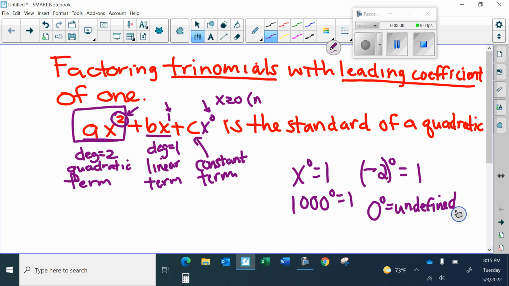And that word is non-negative. Okay, another way of saying greater than or equal to 0 is non-negative. Okay, so there's some basic vocabulary right there. Make sure you have all that down, memorize that, because I will constantly be asking that.